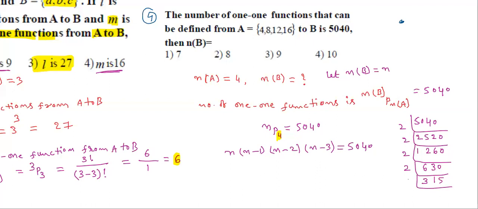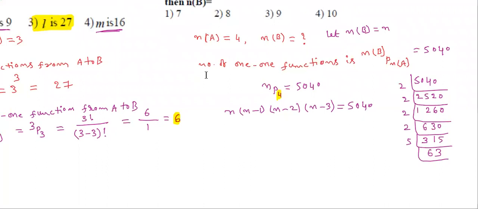Next the 5 table: 5 sixes are 30, 5 threes are 15. Next we can take the 3 table: 3 twos are 6, 3 ones are 3. Next 3 sevens are 21. Here see, these are 4 consecutive numbers.